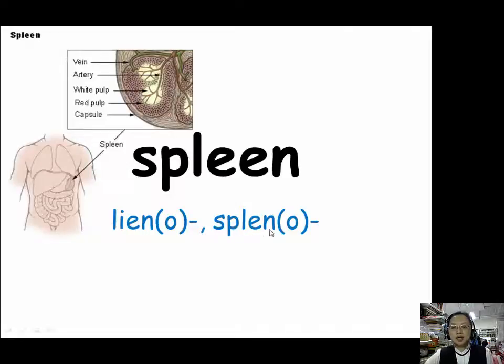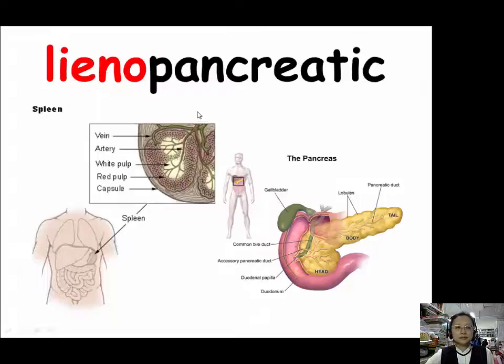spleno, SPLENO. Let's see our example. For lieno, our example is lienopancreatic, which means relating to the spleen and the pancreas.